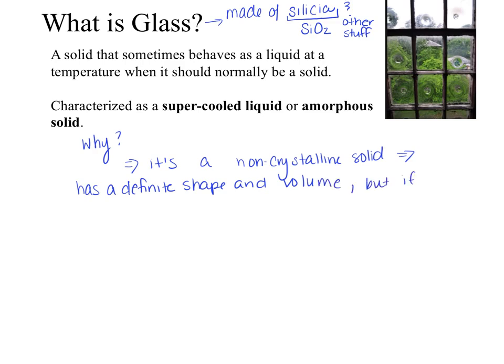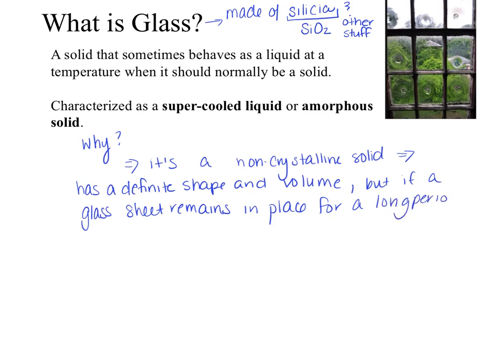But if a glass sheet remains in place over a long period of time, that glass will flow. And that's why old windows appear really wavy.